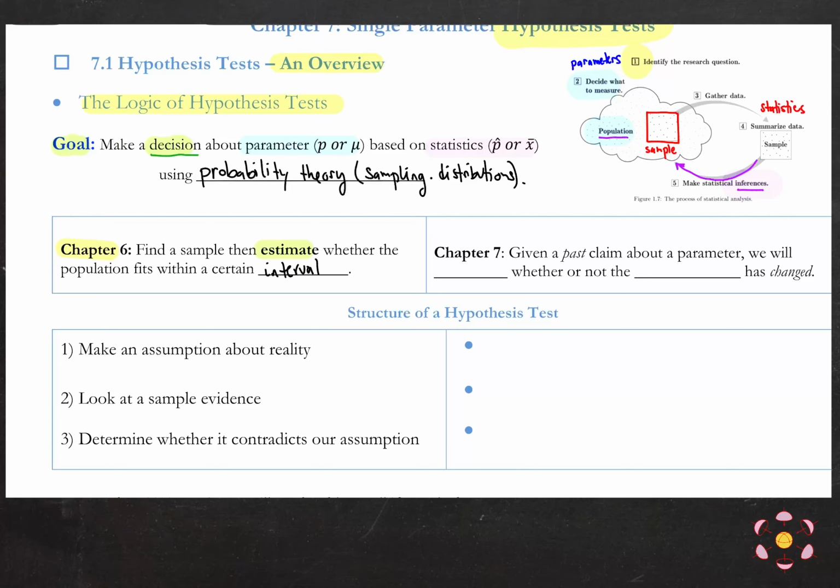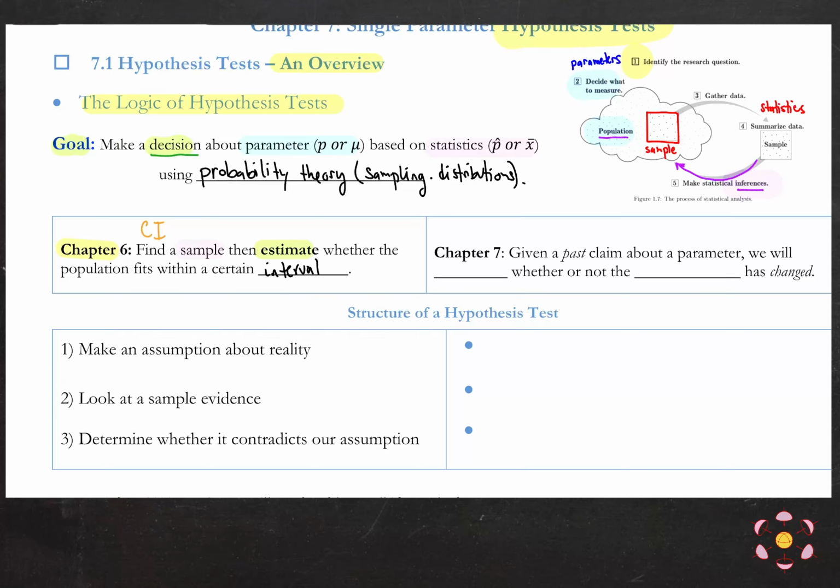The name we gave these was a confidence interval, abbreviated as CI. We took our sample, used it to learn about the population, and estimated the population parameter. We did that for proportions and for means.